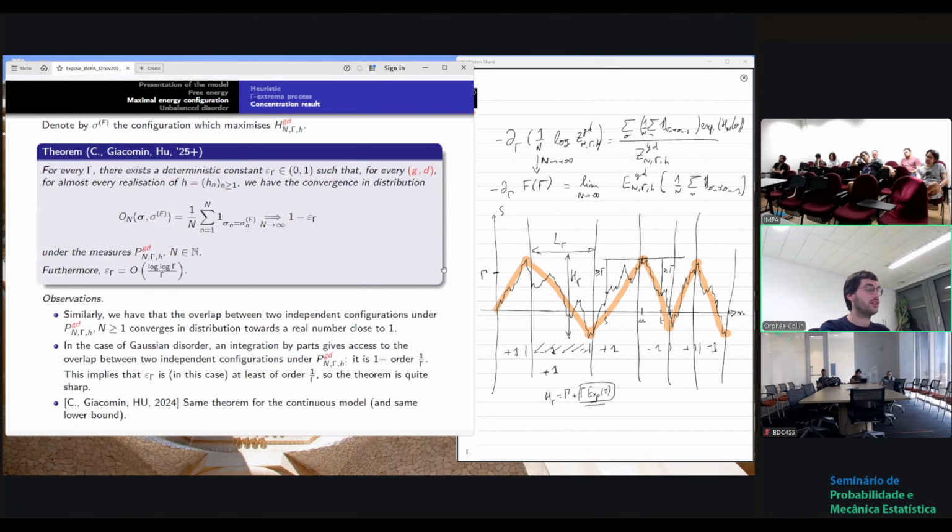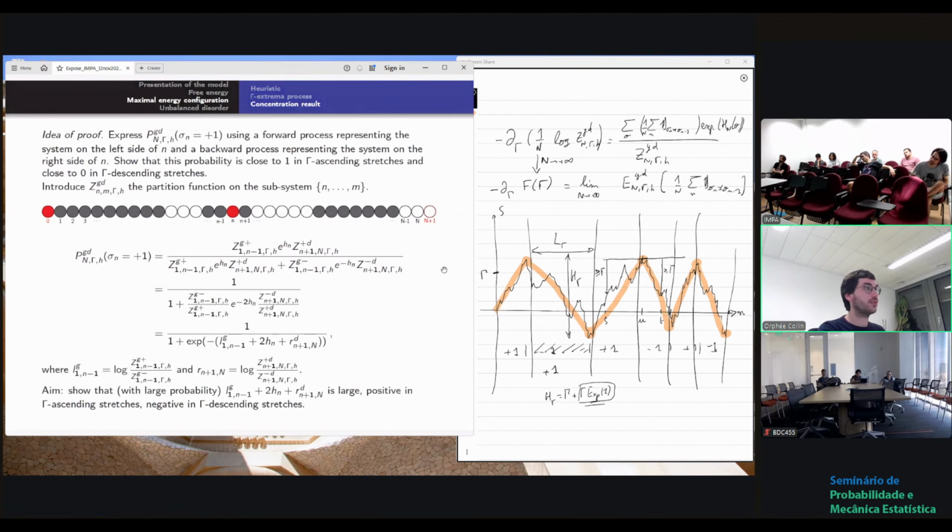And now I'm going to give a small idea of the proof. The starting point is to express the probability we're interested in using two processes, and the aim in the end would be to show that this probability is close to 1 in ascending stretches and close to 0 in descending stretches.